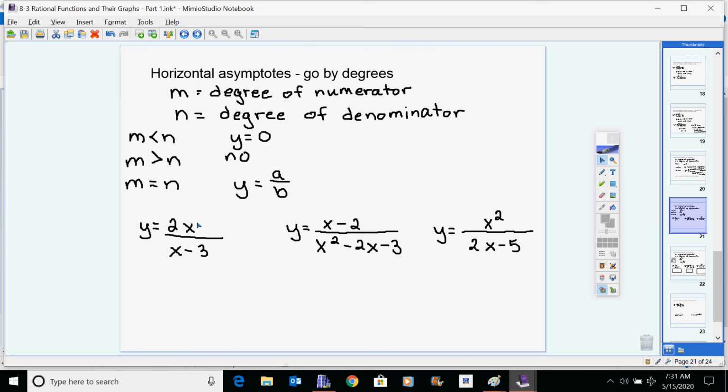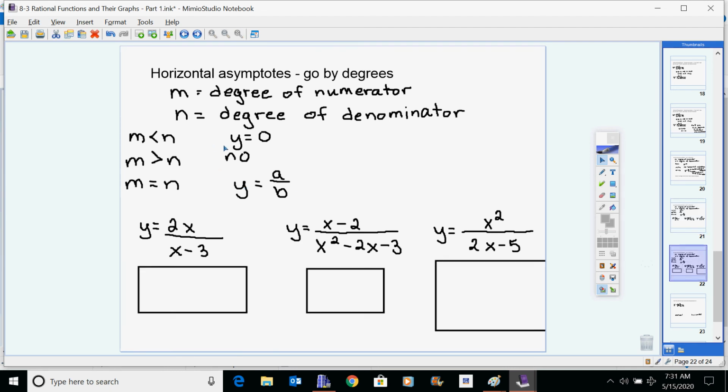The degree here is 1, and the degree here is 1. So since they're both 1s, m equals n. In other words, m is the degree here, n is the degree here. They equal each other. So in order to find our horizontal asymptote, what you need to do is look at the coefficient.